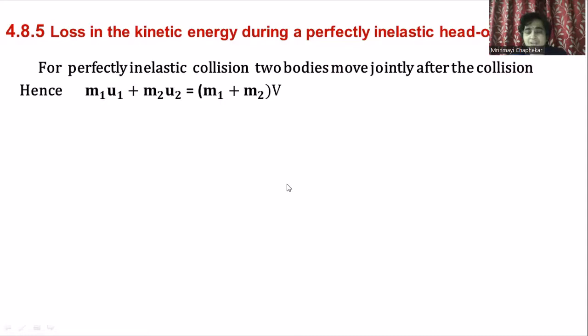So using the law of conservation of linear momentum, we can write, see, this is the momentum of the first body m1 u1 plus the momentum of the second body m2 u2 is equal to the momentum of the joint body which moves after collision, because it is a perfectly inelastic collision.